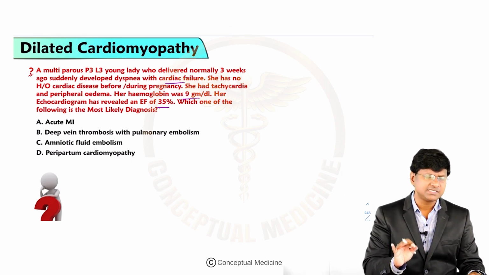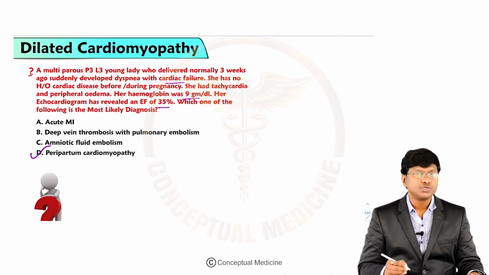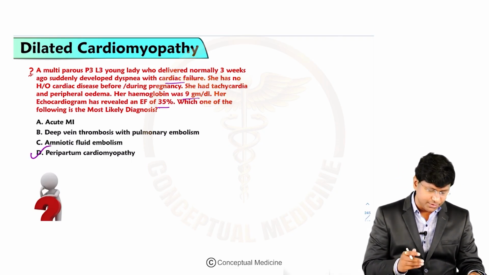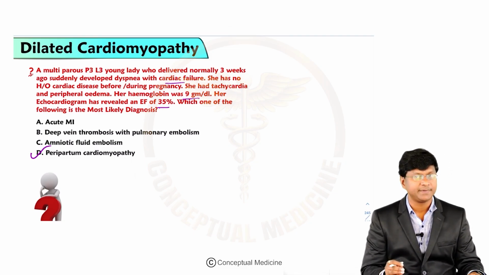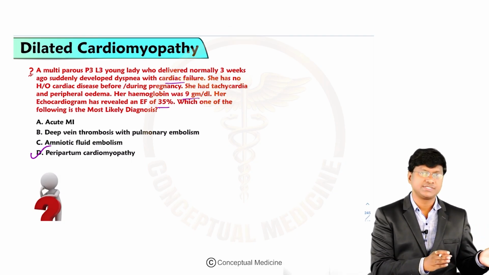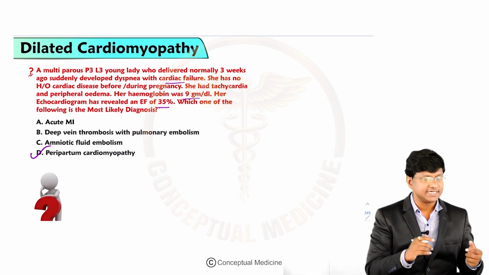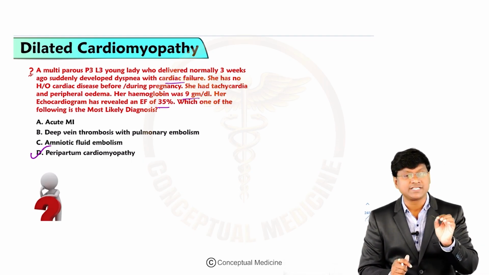So this is a classical clinical scenario of the peripartum cardiomyopathy. Why are you saying peripartum cardiomyopathy? You see, multiparous female, right? That is one of the risk factors for the development of peripartum cardiomyopathy. And no other demonstrable heart disease during or before the pregnancy. That is another important criterion for peripartum cardiomyopathy. And there should be a documented systolic dysfunction.